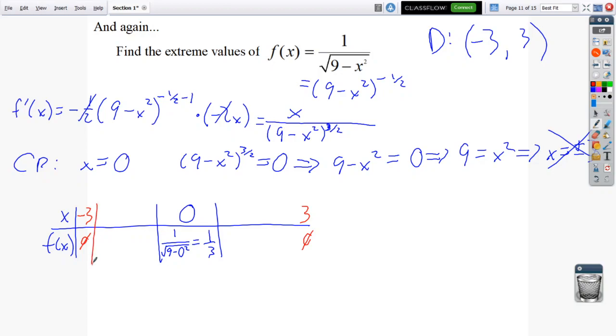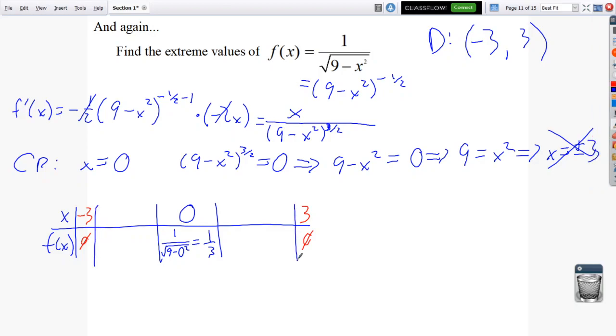So in order to find out if 1/3 is the highest or lowest in its local neighborhood, I just need to find out some point between 0 and -3, and between 0 and 3. And just for ease purposes here, I'm going to call it -1 and 1. So let's just give me some comparison values for the critical point here.